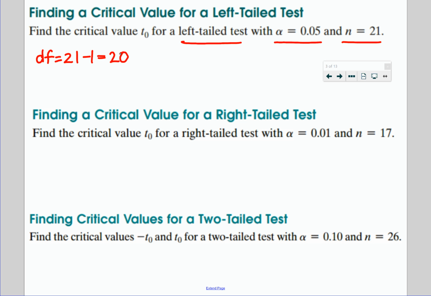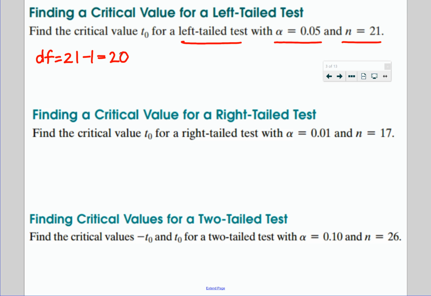Okay, so now finding this on your chart. It is a one-tailed test, so you're going to look across the top where it says one tail, and you're going to find the appropriate level of significance, 0.05, so that's going to be the second column, and then you're going to go down until you find 20 degrees of freedom, and that's going to be the value that we use plus or minus. Okay, so in this one, let me see.